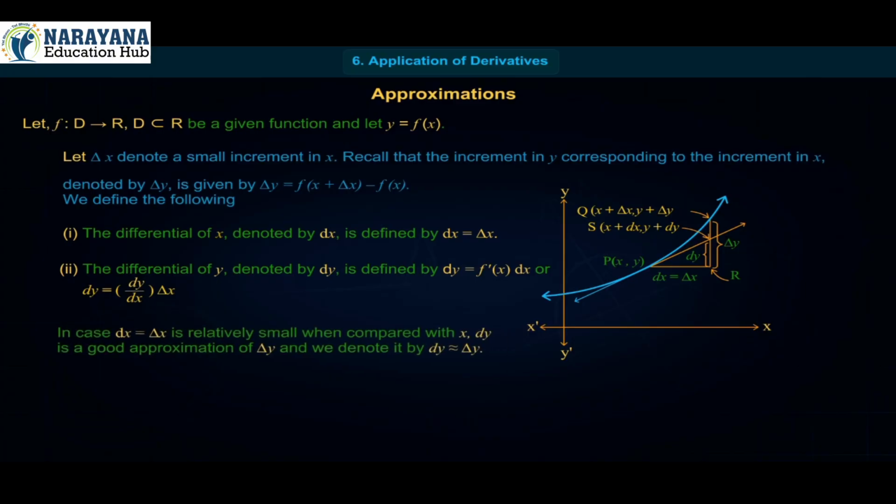In case dx is equal to delta x is relatively small when compared with x, dy is a good approximation of delta y, and we denote it by dy approximately equal to delta y. For the geometrical meaning of delta x, delta y, dx and dy, one may refer to the figure.